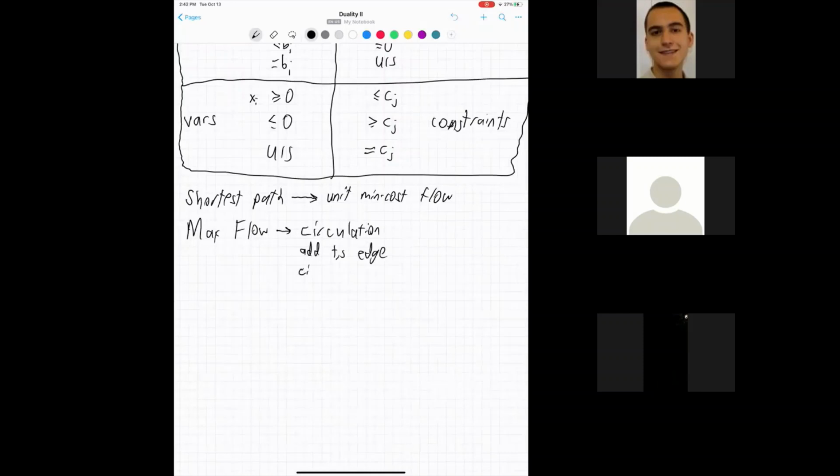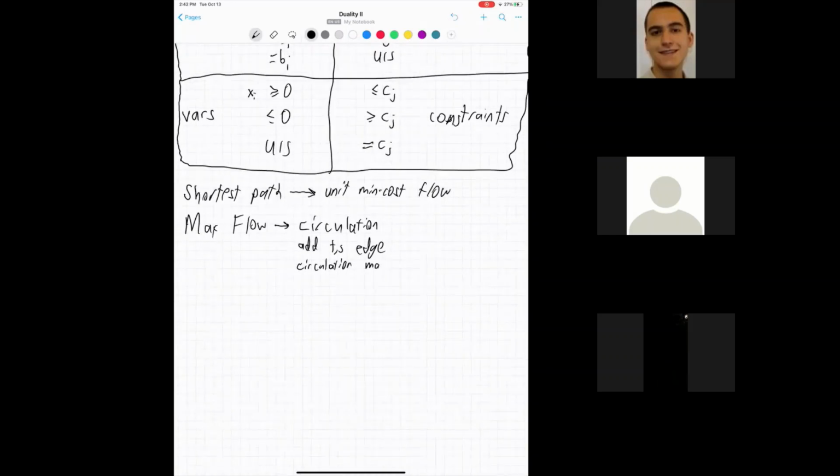And I'm going to look for a circulation, maximizing the flow from T to S. Does everybody see why this is just another way of making it a max flow problem? Okay, so let's use variables xVW for the flow on edge VW.